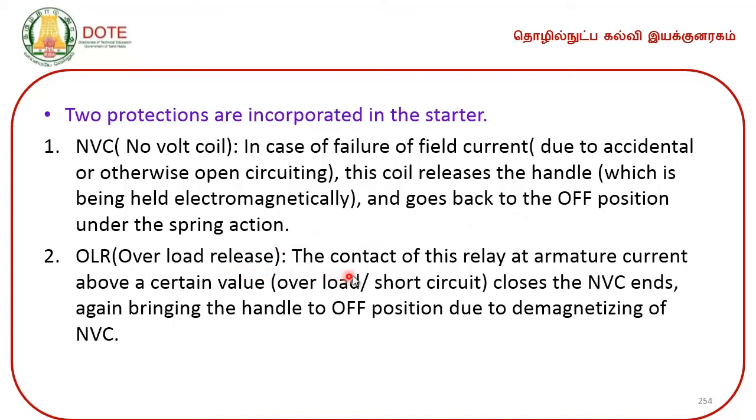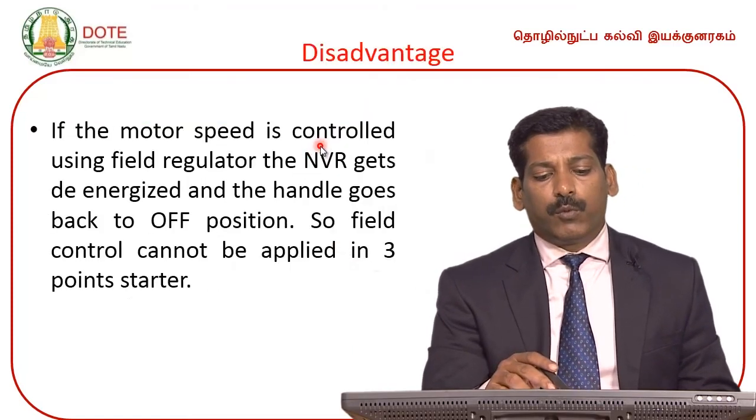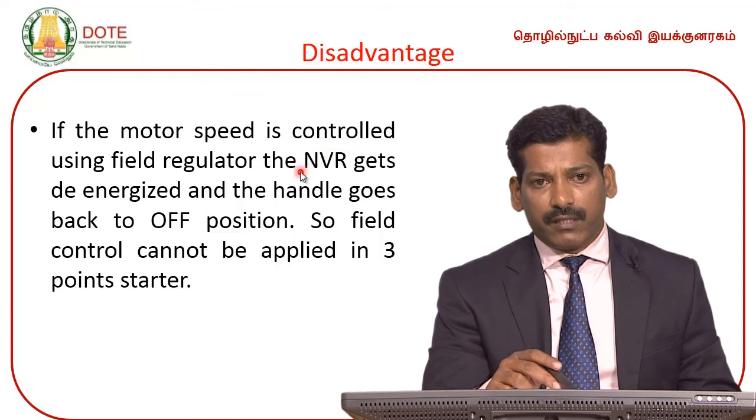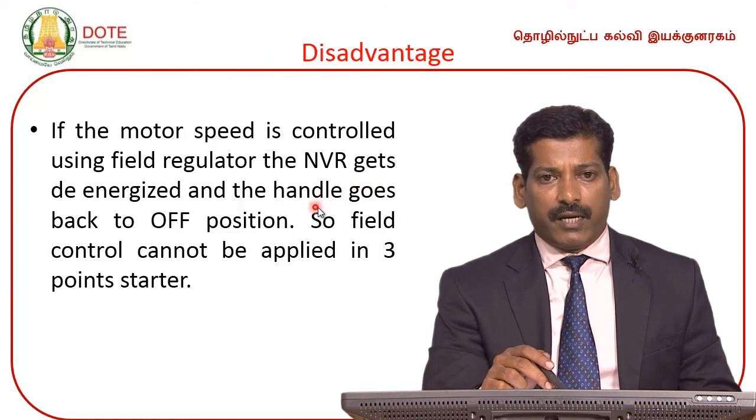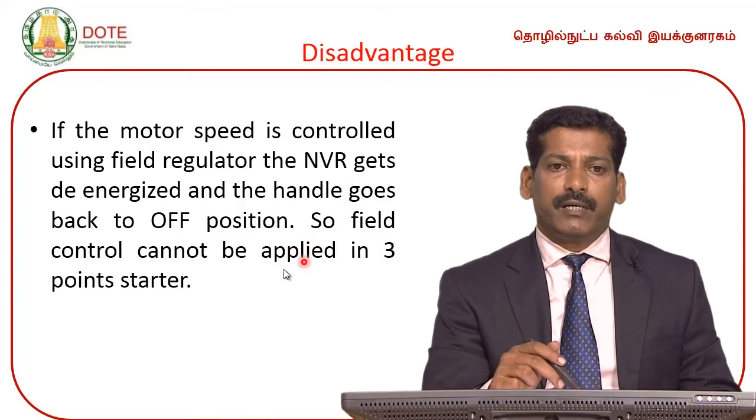Overload release: the contact of this relay, at armature current above a certain value, overload or short circuit, closes the no volt coil ends, again bringing the handle to the off position due to demagnetizing of the no volt coil. Disadvantage: if the motor speed is controlled using a field regulator, the no volt release gets de-energized and the handle goes back to the off position. So, field control cannot be applied in a 3-point starter.